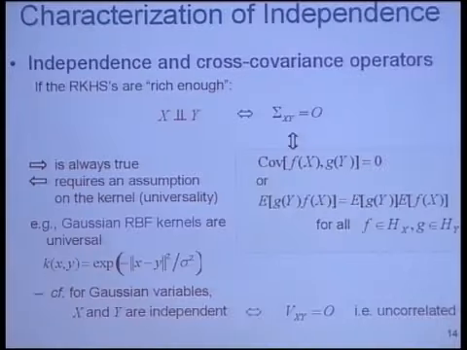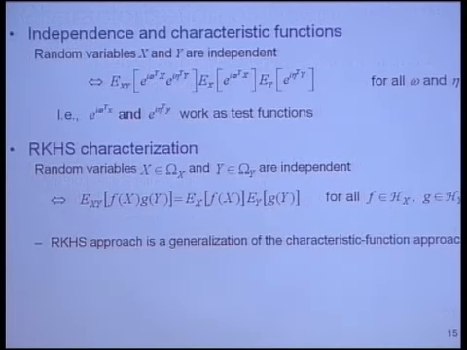Another way to see this is to go back to characteristic functions. We know we have independence if this thing on the left-hand side is equal to these guys on the right. There's a missing equal sign in there. This is the same thing as on the previous slide, but using these special functions instead of f and g.